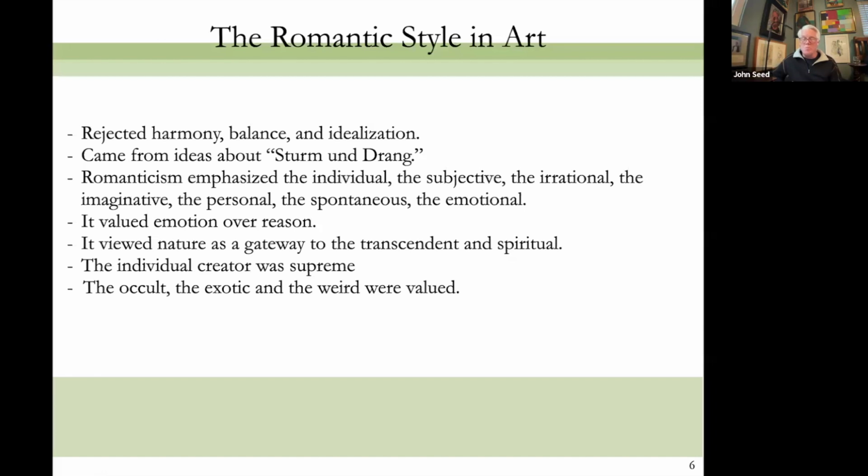Nature plays a really important role in Romantic art because nature becomes a kind of secular gateway, if you will. It's a gateway to the transcendent and to the spiritual. And finally, Romanticism really values the individual creator. We talked about that when we focused on Blake and Turner last time.